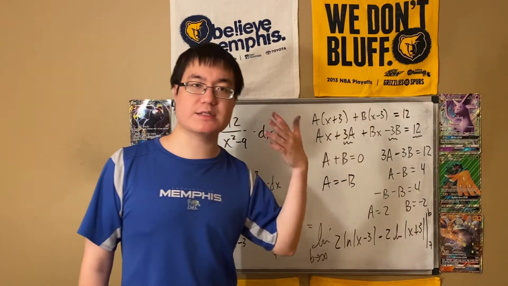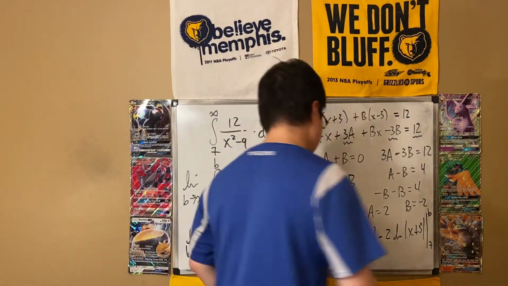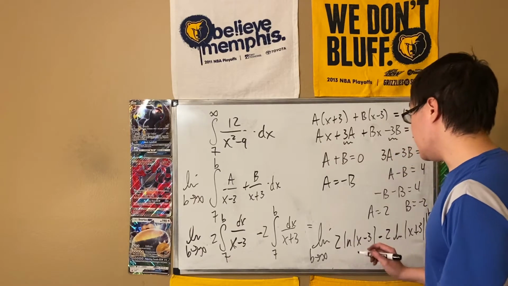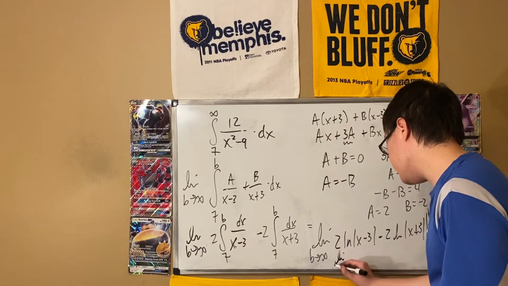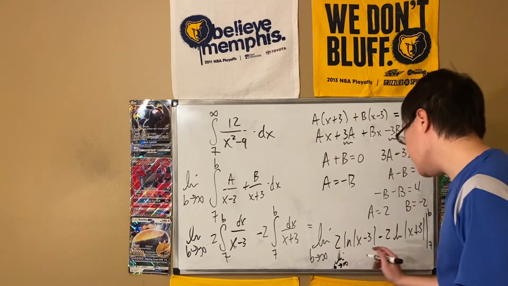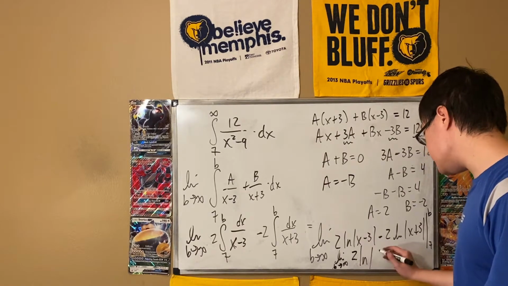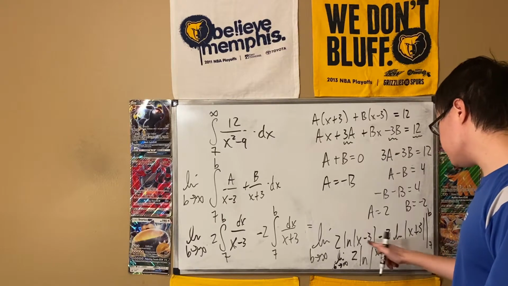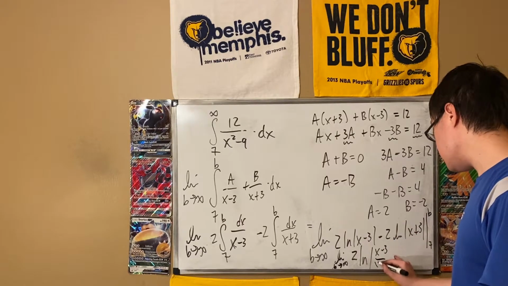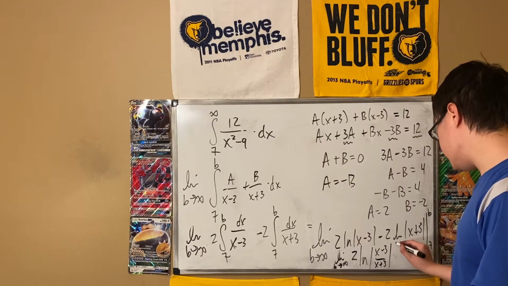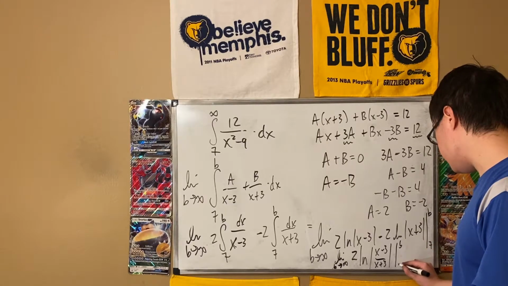Subtraction of ln is the same thing as division inside a single ln. So in this case, it'll be the limit as b goes to infinity of 2 ln of a single absolute value, this one over this one, and we're still plugging in b and 7.